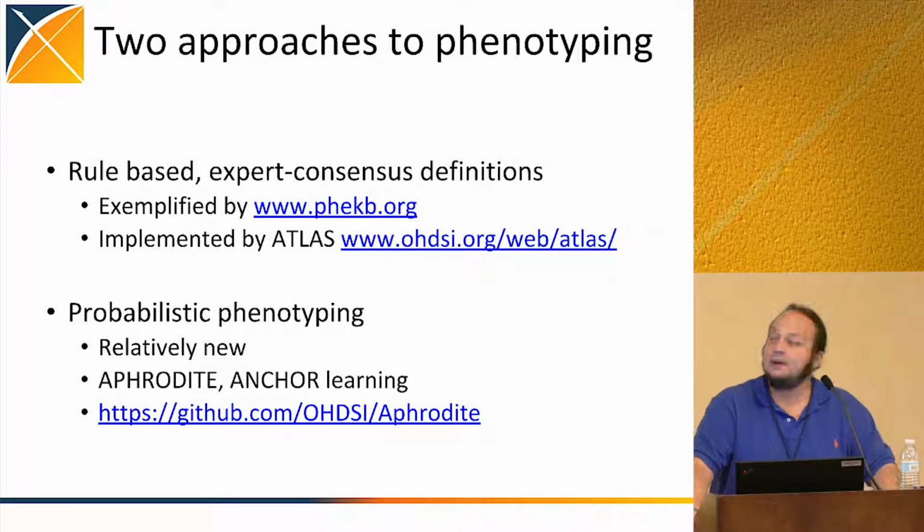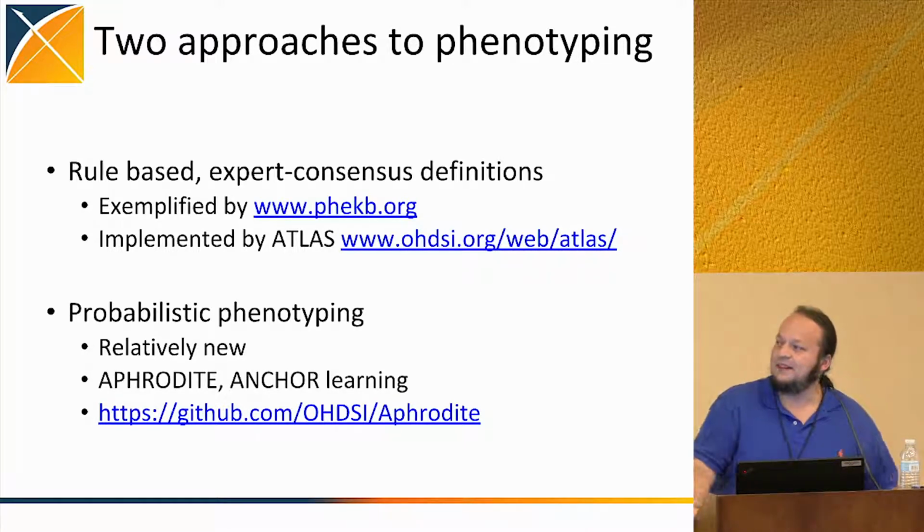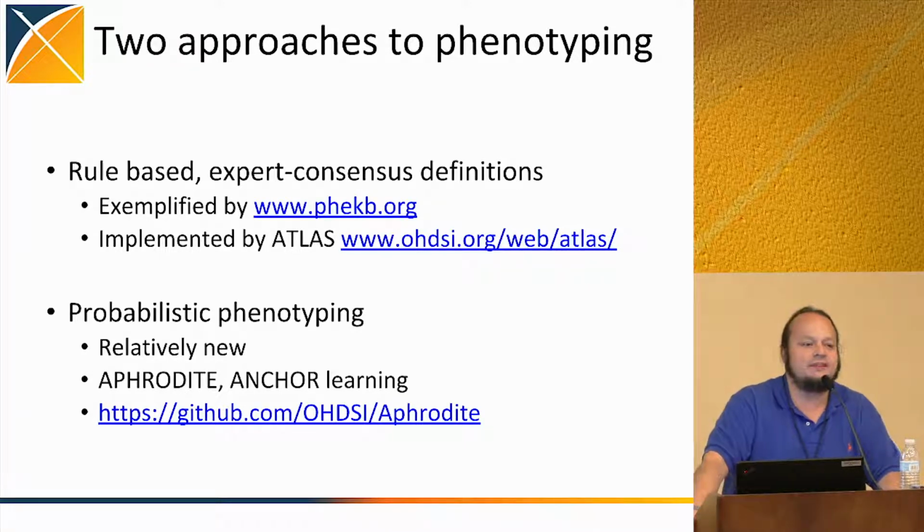They agree on them, and they post this recipe, which sometimes is a Word document, sometimes a text file, and some of them are even Excel files with a bunch of rules. Or you have the next best thing, which is actually a huge improvement: when they are already implemented in Atlas, you can go to Atlas, pick up the phenotype from there, and just copy-paste it to your site, which is awesome.